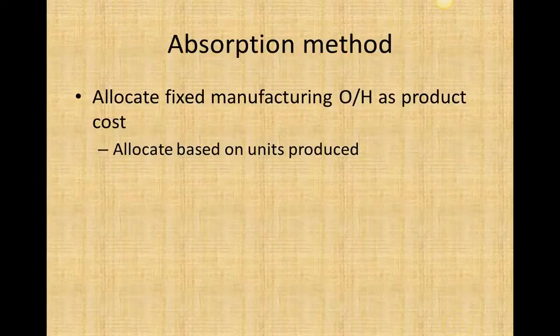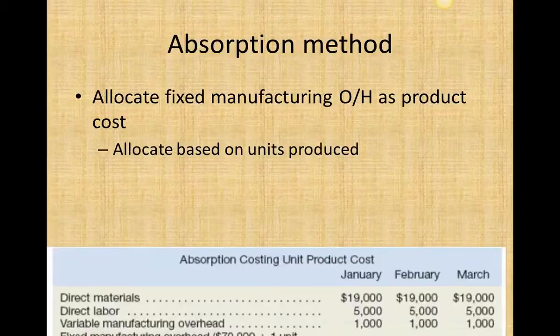Now let's take a look at the preparation of the absorption costing income statement method. So as mentioned earlier, the absorption method includes fixed manufacturing as a product cost, and we allocate the fixed manufacturing overhead as a function of the number of units produced in each period.